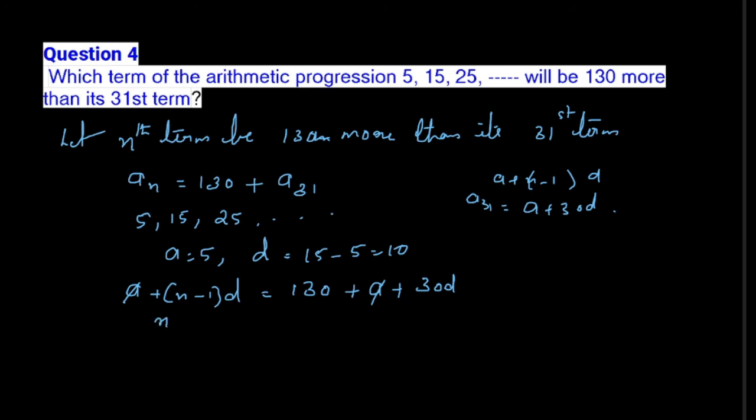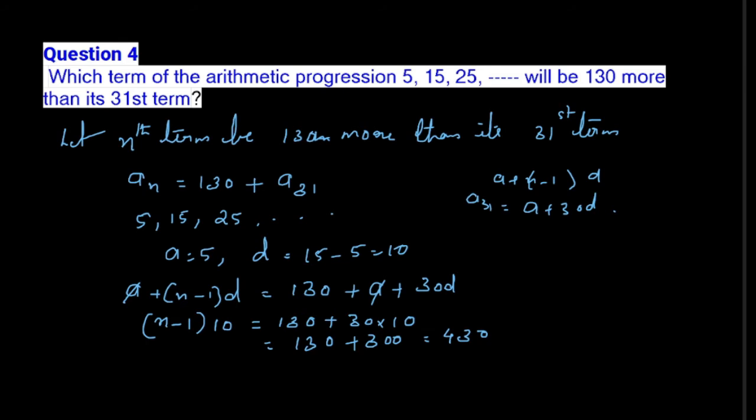Then n minus 1 into what is d? D is equal to 10, right? So n minus 1 into 10 is equal to 130 plus 30 into d. What is d? D is equal to 10. Again the value of d is 10. That is equal to 130 plus 300, and 300 plus 130 is 430, right?